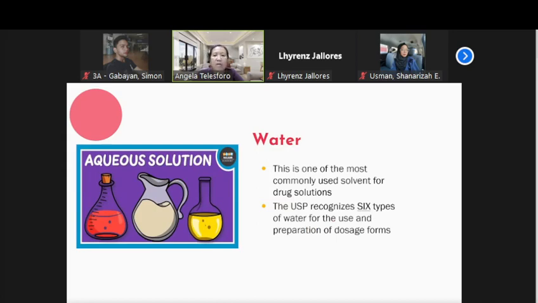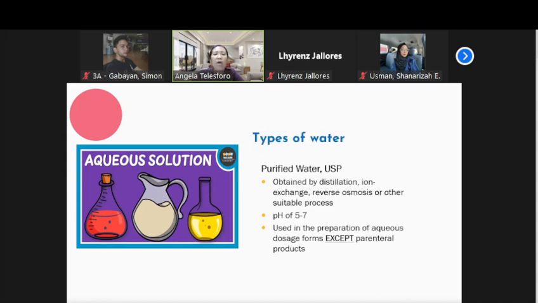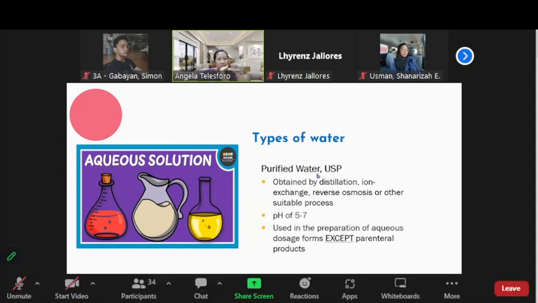You know that. So there are 6 types of water that can be used to prepare dosage forms. So what are these waters? We have purified water, USP. What is USP? Anybody who wants to volunteer? What is the meaning of USP?